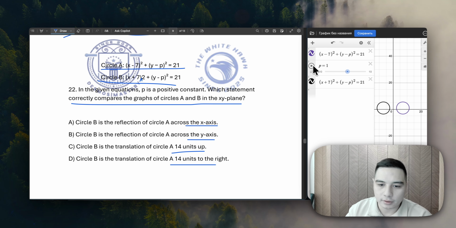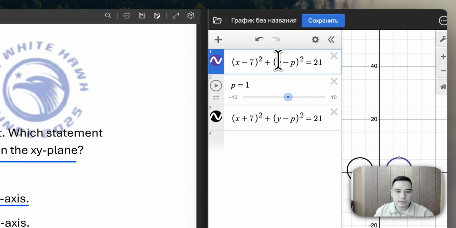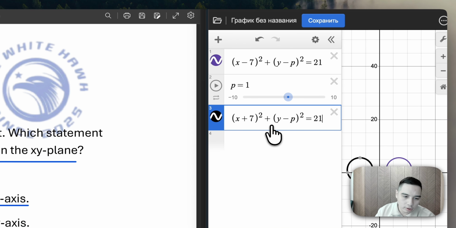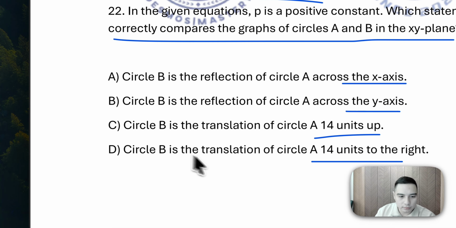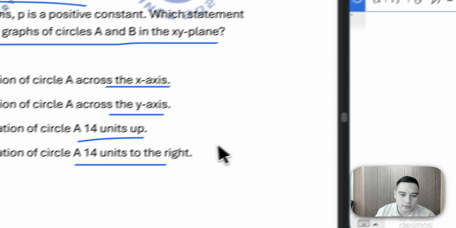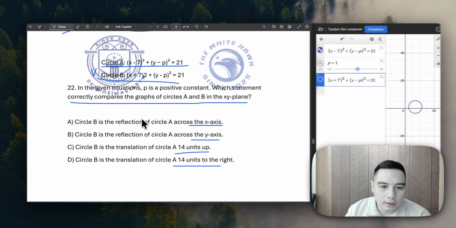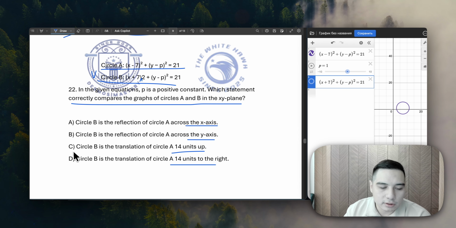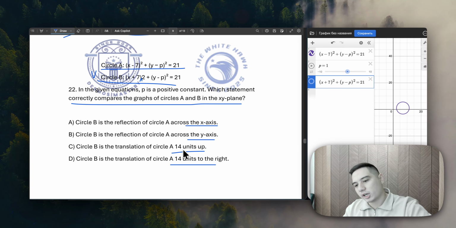I have the general function here, and then I got to the B, or the circle B. This is the second circle. Yes, if I have the second circle, I need to find whether circle B is a translation 14 units up. No change in the y-axis.